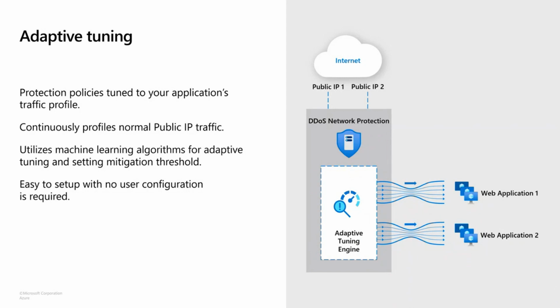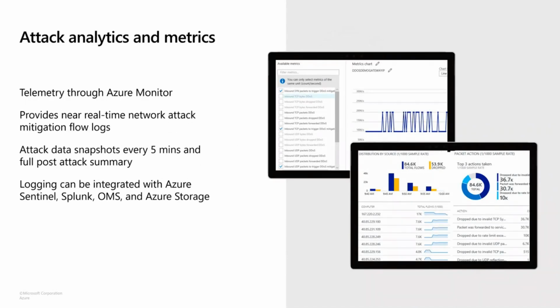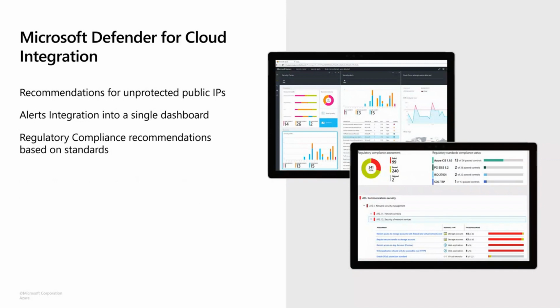Our services use machine learning, and DDoS definitely uses machine learning algorithms for this adaptive tuning. It has these policies finely tuned to your specific public IPs. I'm going to do a demo on analytics and metrics, so we will talk more about it at that point.